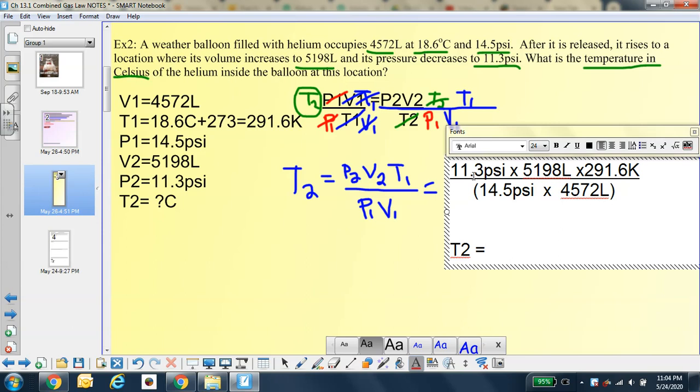So we're going to take 11.3 times 5,198 times 291.6 divided by parenthesis 14.5 times 4,572 end parenthesis. Now you can hit your equal sign.